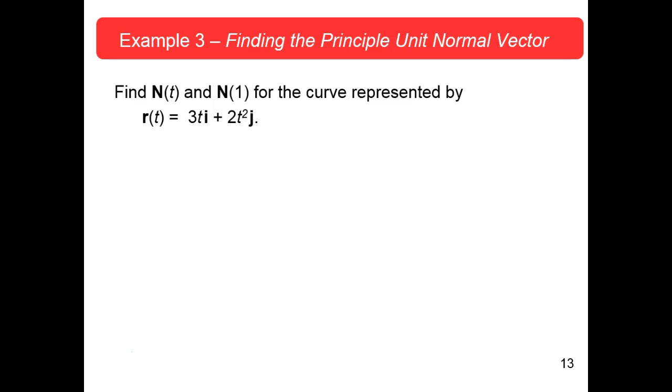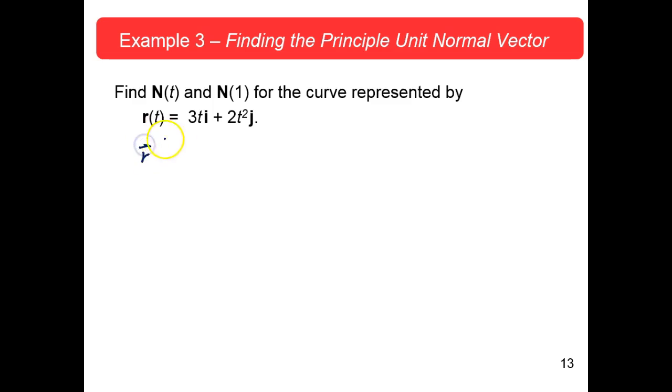So here's example 3. Boy, they're showing all these in here. That's good. Find N of t and N of 1 for the curve represented by this. New curve here, so where would we begin? If you want a principal unit normal vector, what would we have to do first? Take a derivative, is that what you said? Yes, okay.